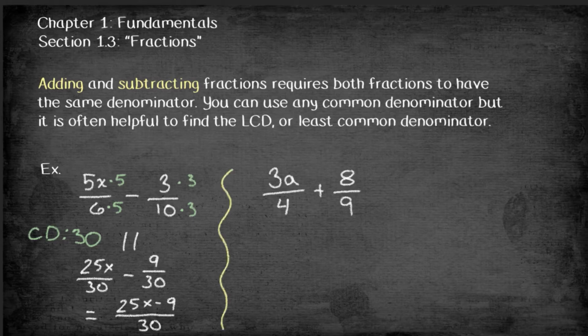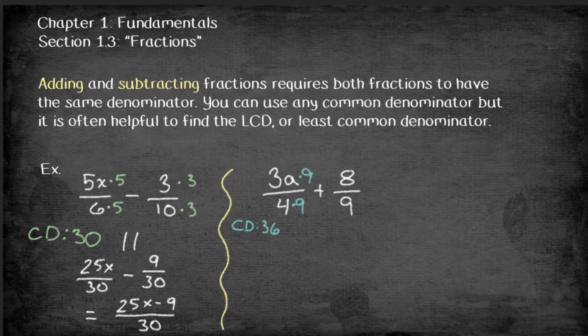All right, if I have 3a over 4 plus 8 over 9, to add these together, I need to get a common denominator. Well, 36 is 4 times 9, so we can use that. To get to 36, I have to multiply the 4 by 9, but again, I have to keep my fraction equivalent.